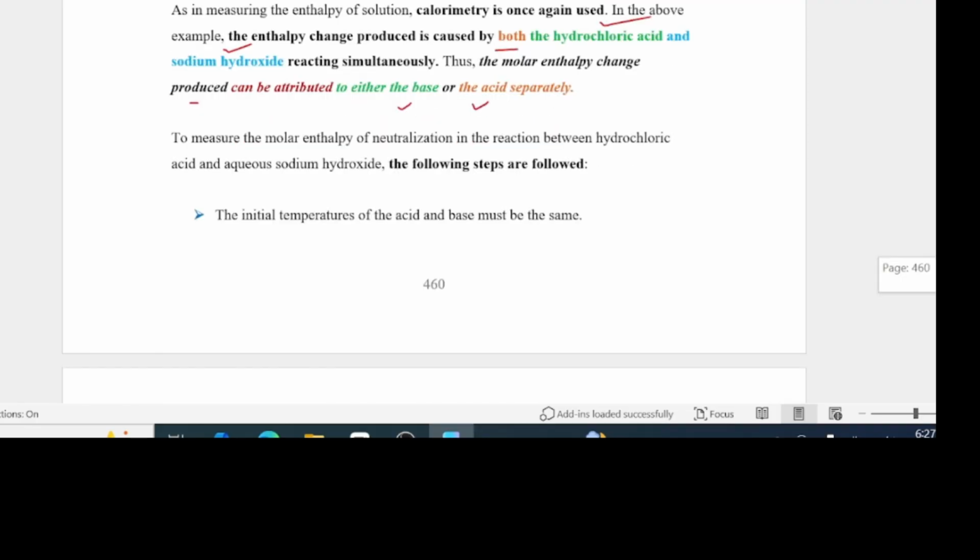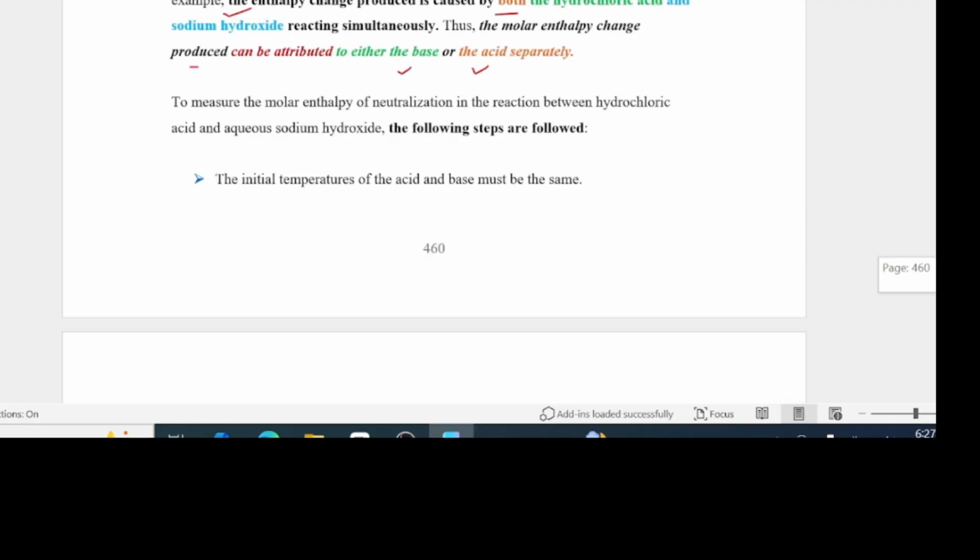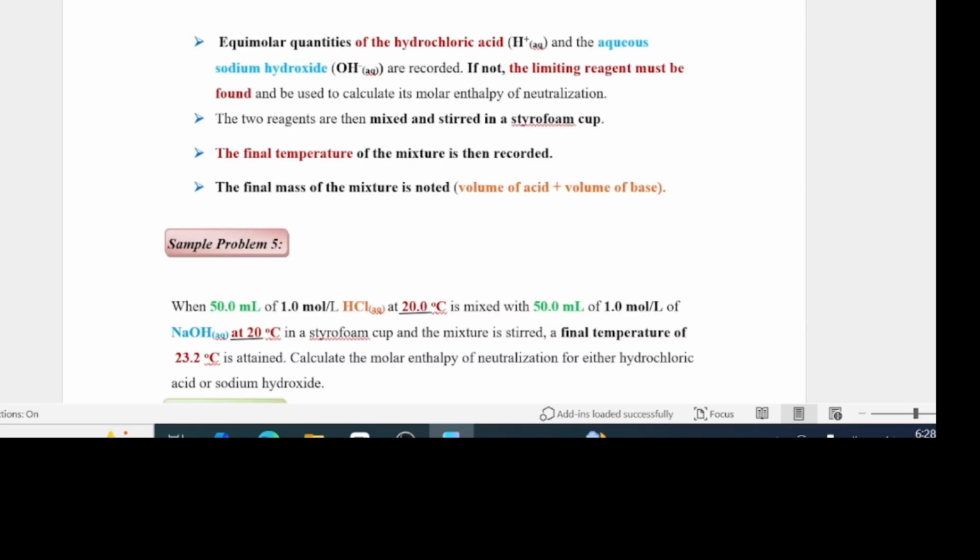To find the enthalpy of neutralization, number 1, the initial temperature of the base and acid must be the same to start with. Number 2, equimolar quantities of hydrogen ions and hydroxyl ions must be used. If not, the limiting reagent must be found and be used to calculate its molar enthalpy of neutralization.